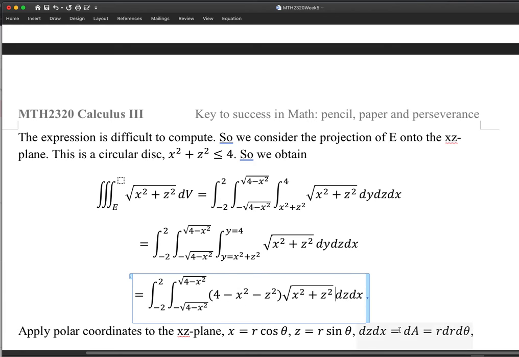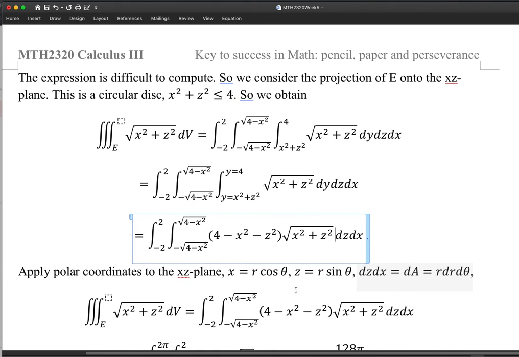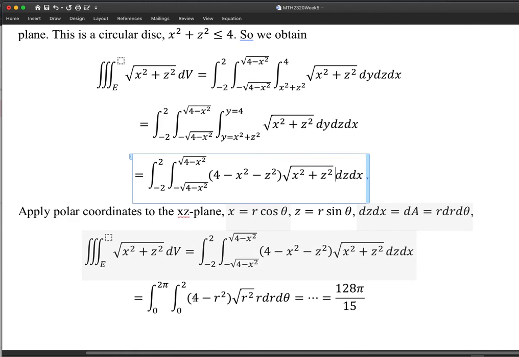Also don't forget that this dz dx part is really for the double integral, so it is dA. When we use polar coordinates, the dA is replaced with r dr d theta. And also don't forget x squared plus z squared is really r squared. The square root of r squared is r, and this is 4 minus r squared, square root of r squared, r dr d theta.